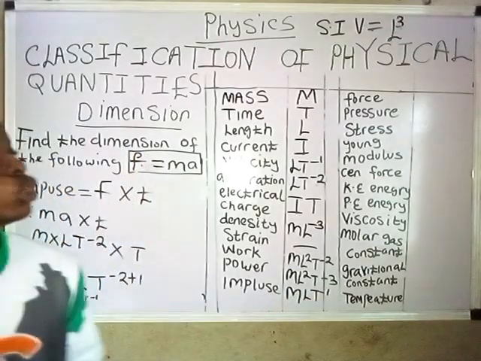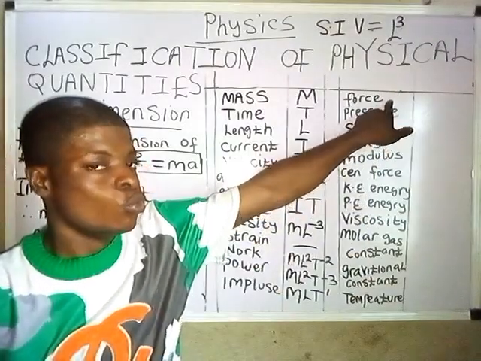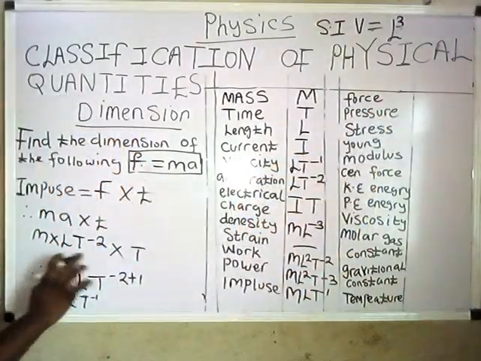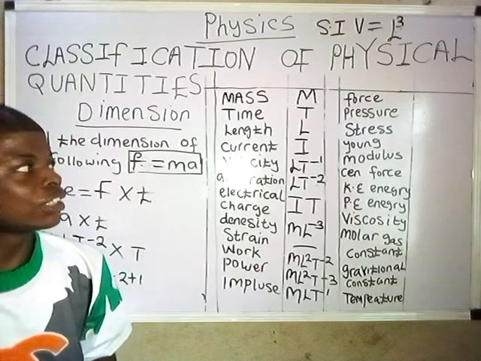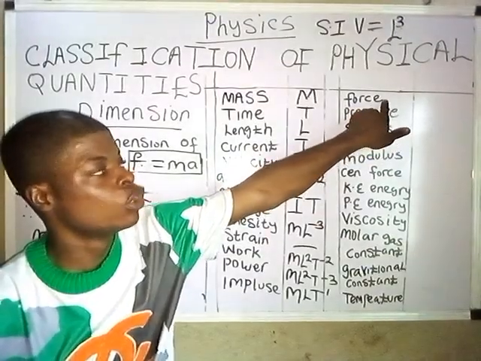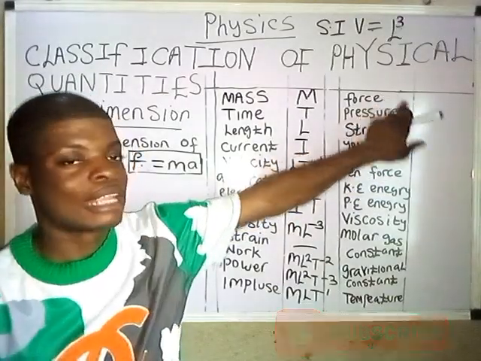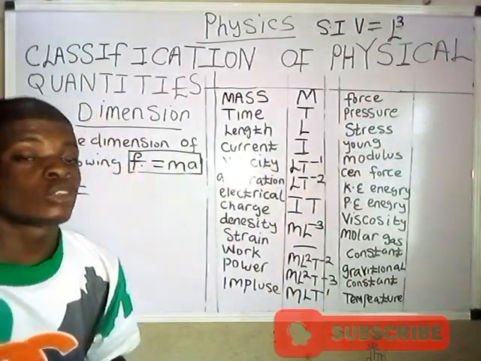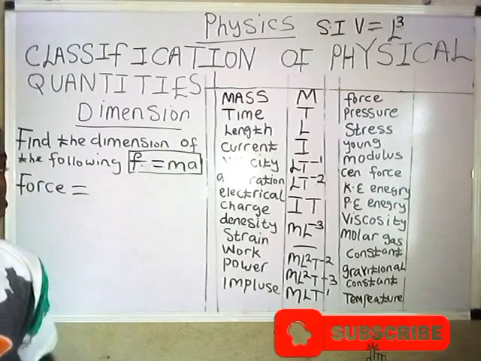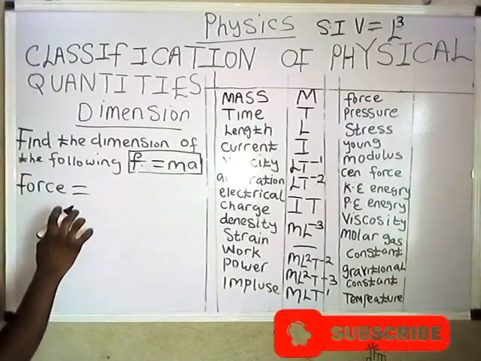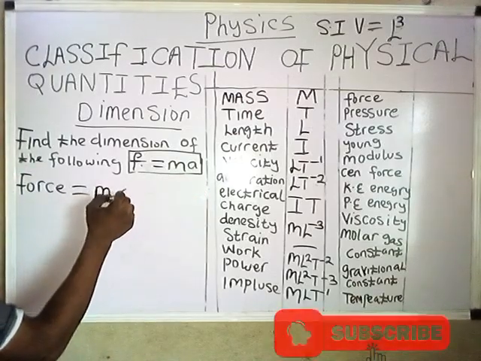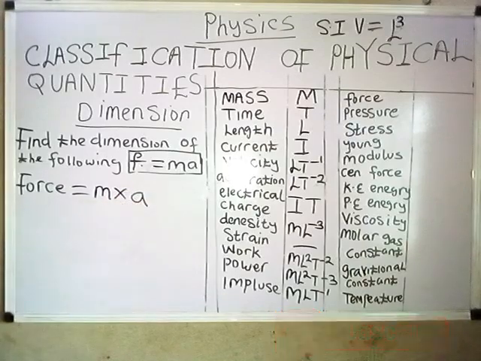So let's look at the dimension of force. We did it here, but I want to solve it fresh so you understand dimension. To get the dimension of force, I told you that the formula for force is ma, so force equals mass times acceleration.